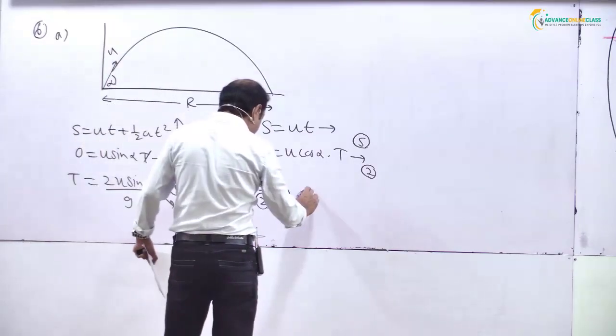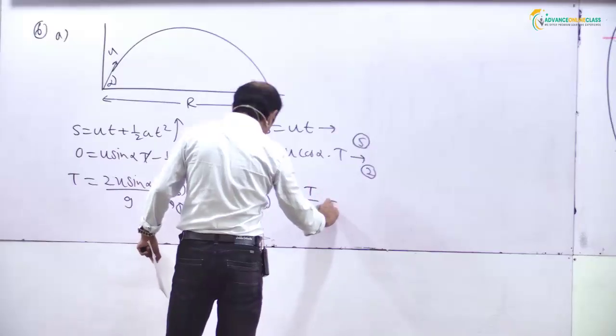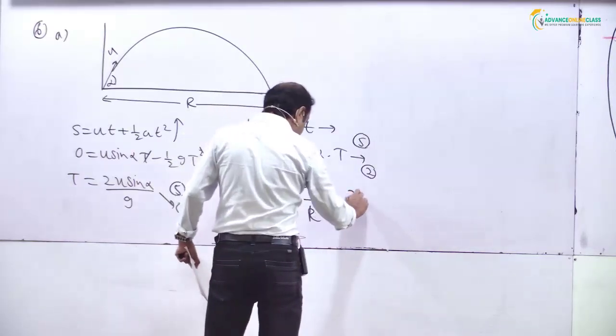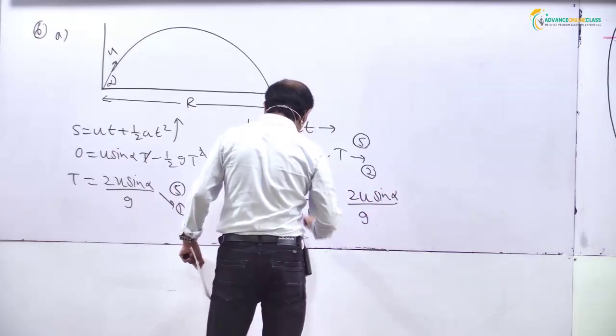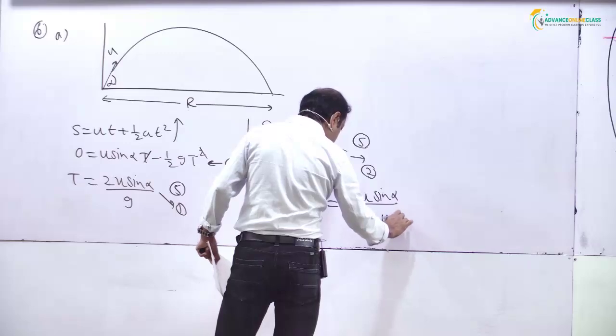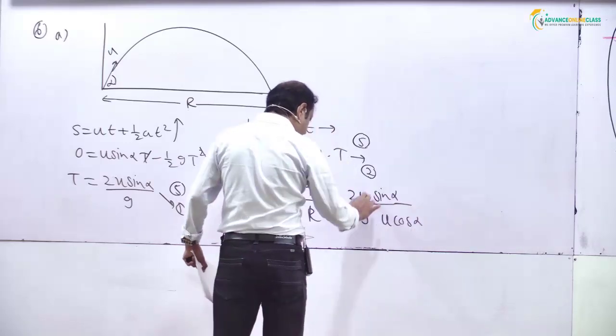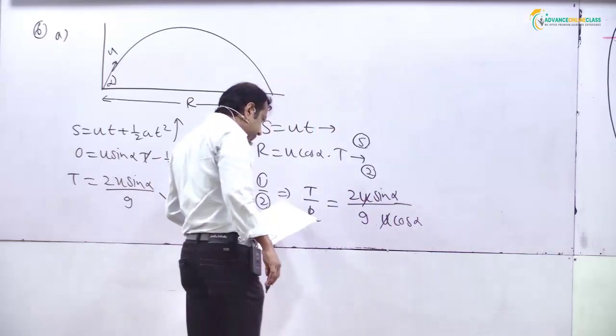Left hand side we get t over r, which is 2u sin alpha over g over u cos alpha t. U and u you can cancel down.